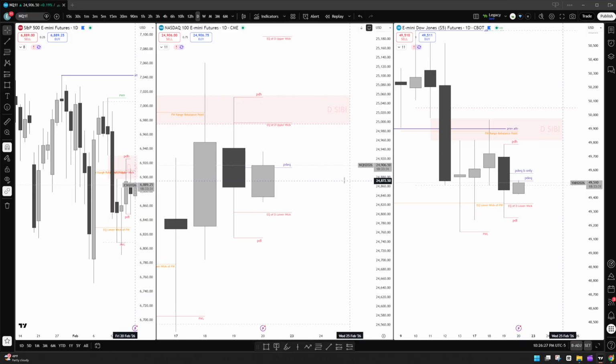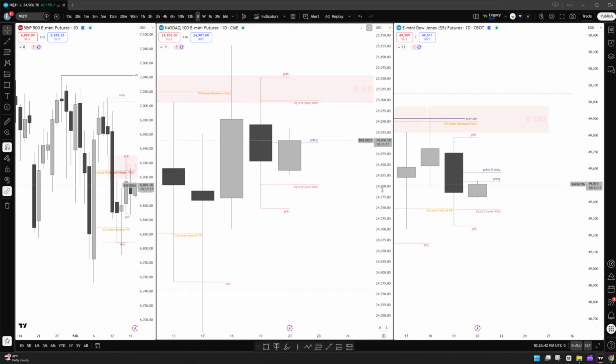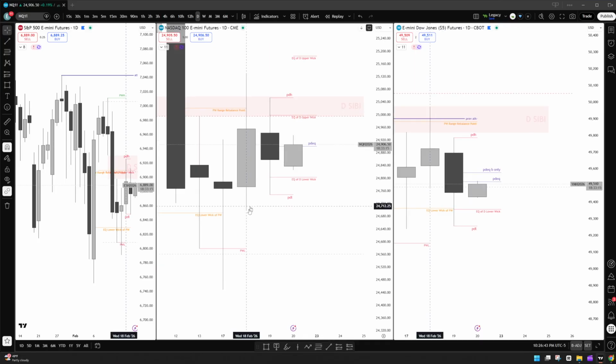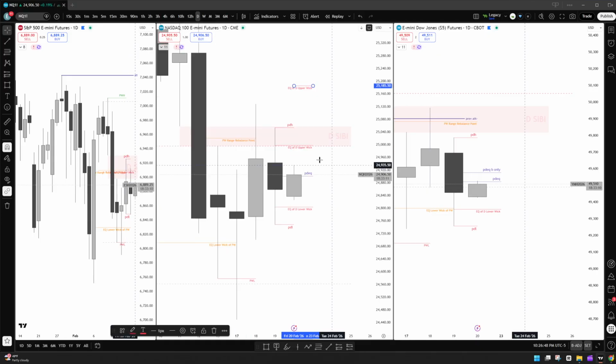I'm going to do that over here as well. This wick is not really, there's no way YM will reject here first, I believe. So we'll leave that. And then this looks good now. I had it up there. Whatever. Okay, that looks fine now.